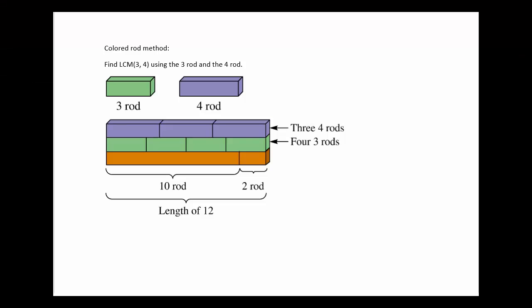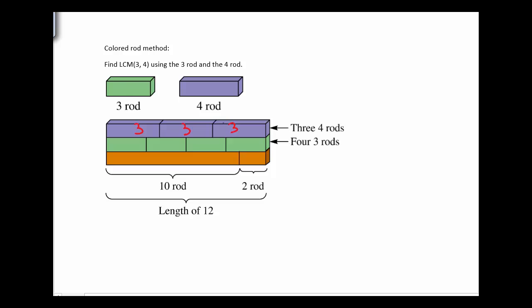The color rod method is very similar to the other color rod method, only this time we're not dividing up something, we are multiplying it out. It's kind of similar to the number line if you really think about it. So what I'm going to do is look at how many rods do I need to connect together till I get the same length.